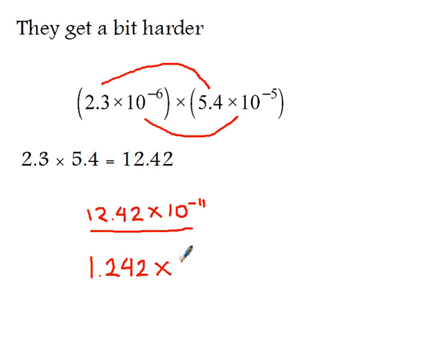So this is going to be times 10 to the negative 10th. Now remember, negative 10 is bigger than negative 11. So my answer is 1.242 times 10 to the negative 10th. Wait, sorry, this side got smaller, so that side has to get bigger.